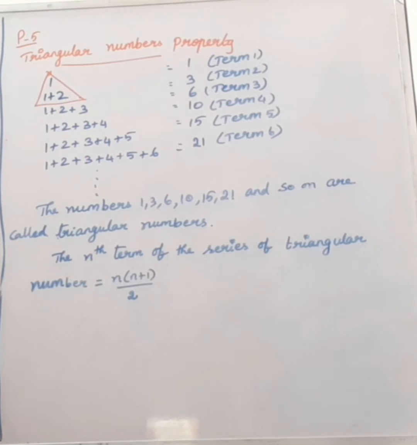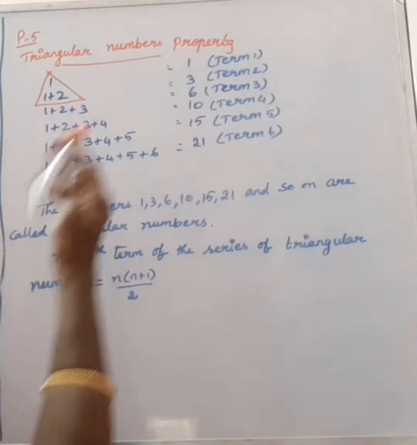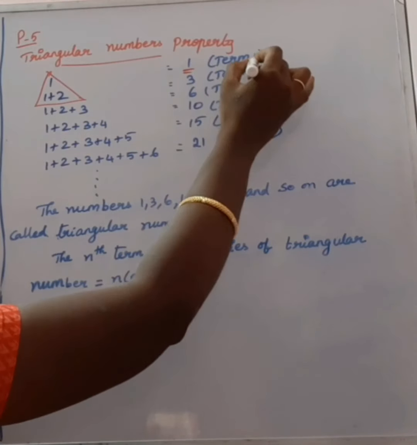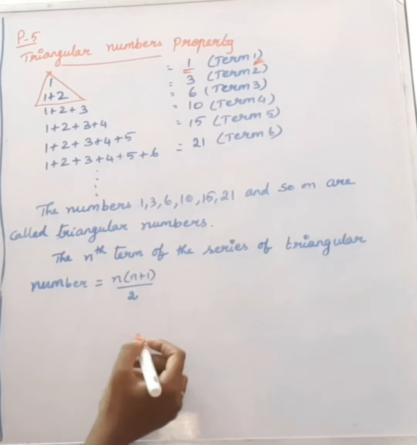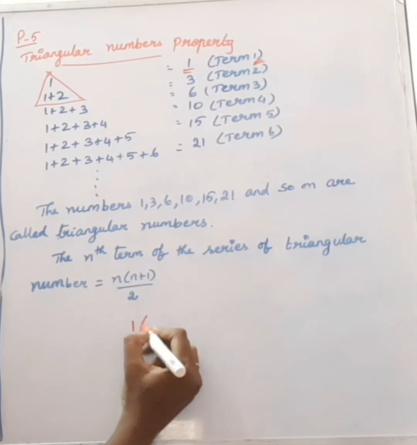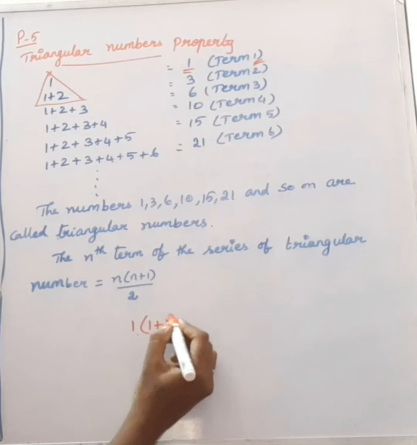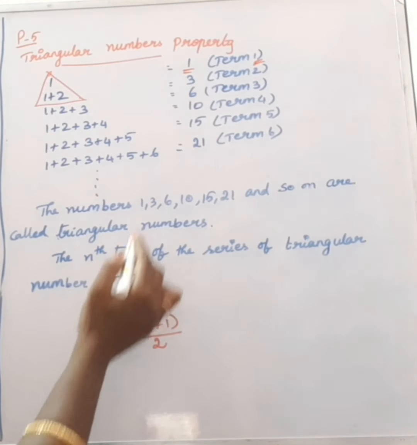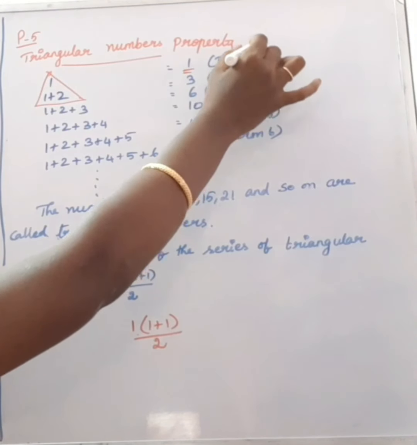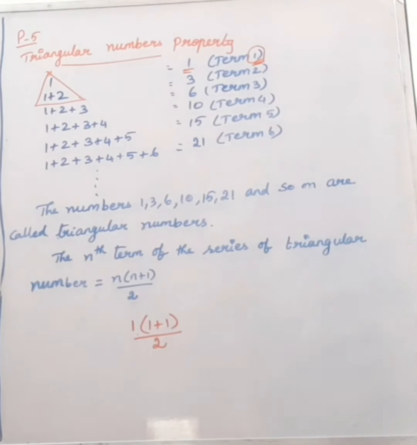See, here it is 1, and the term is also 1. That means we want to use the term as 1 into 1 plus 1 by 2, because the n value is 1. What is in the term, we want to take that value as n.